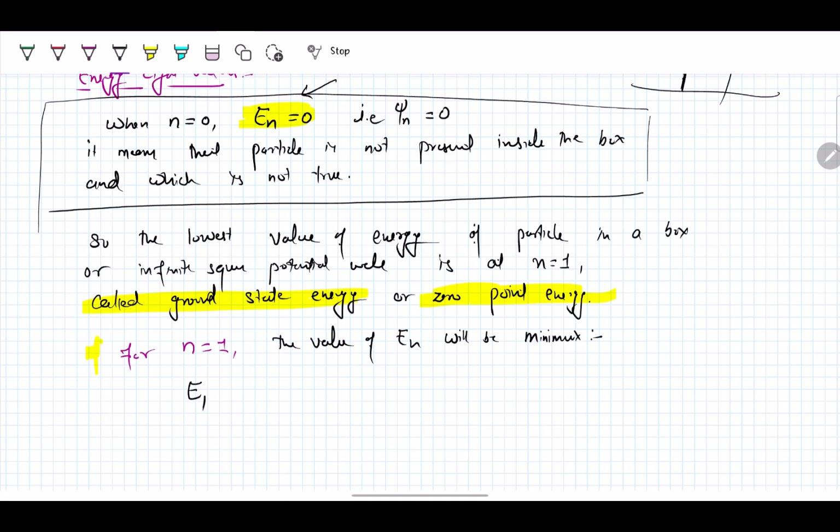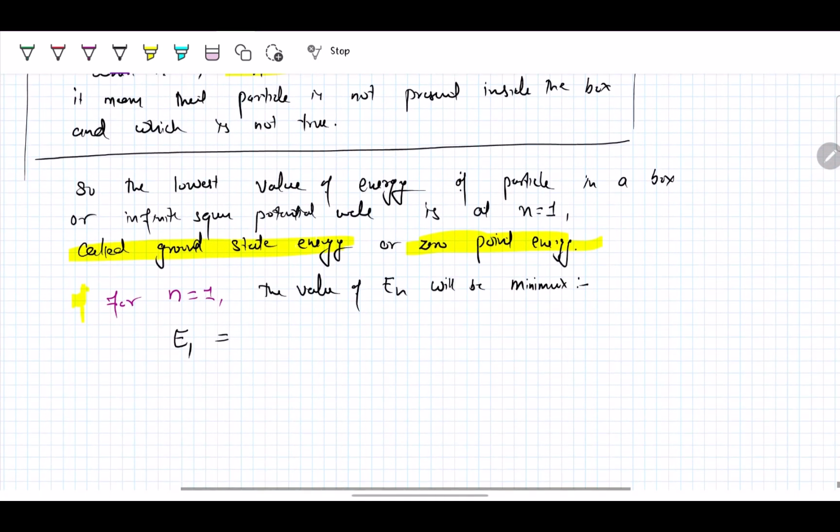So we can write E1 is equal to, as we put n is equal to 1 in equation number 10, 1 square is equal to 1, so pi square h square over 2m l square, and this is my equation number 11.